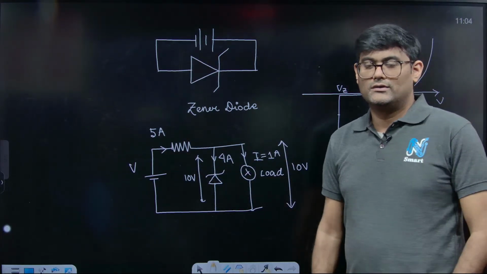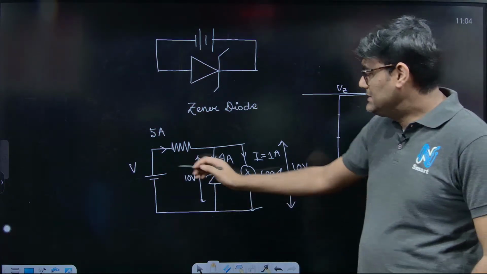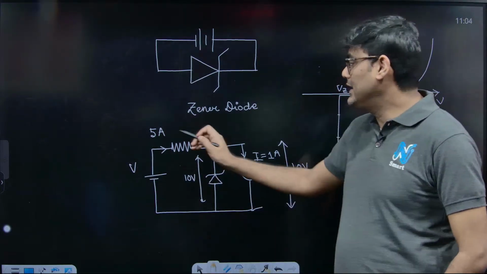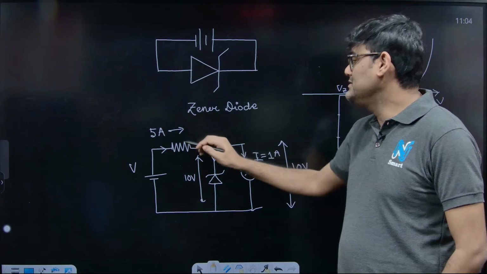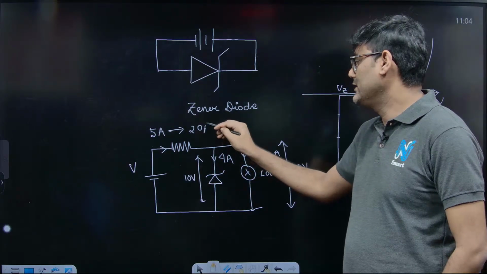Now if you imagine a situation where this voltage value suddenly increases 10 times, so this current also increases from 5 ampere to, say, suppose 20 ampere or something like that.